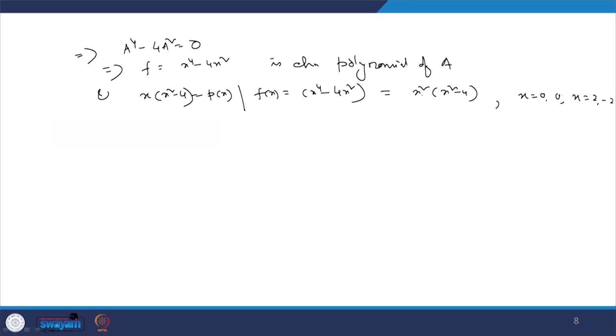So, I will define another terminology, that is called algebraic multiplicity and geometric multiplicity. What is algebraic multiplicity?